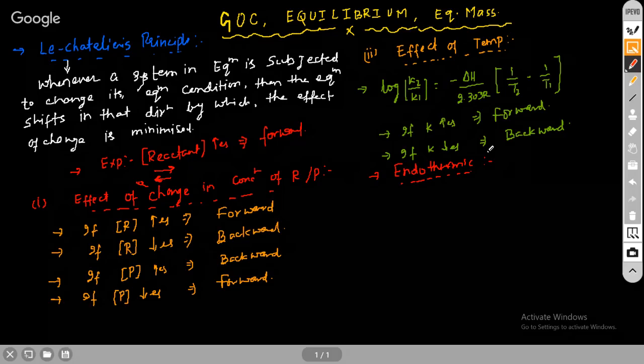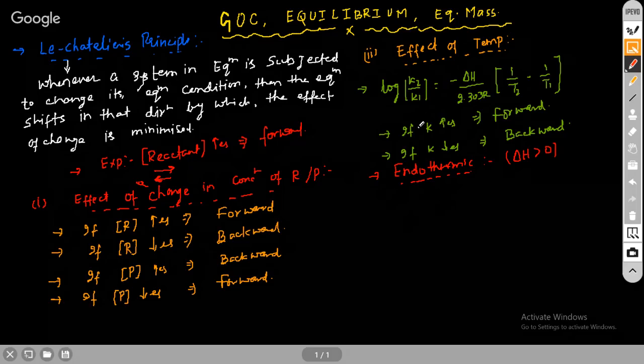Now you see, for an endothermic reaction, we know del H is greater than 0. We have to see that in an endothermic process, if we increase the temperature, what effect on K takes place? Whether the K value increases or decreases, that you have to understand.